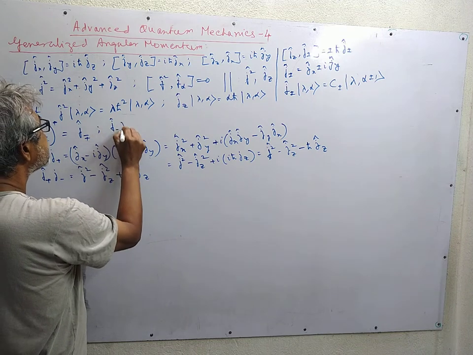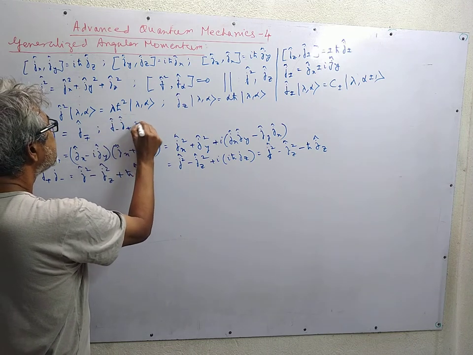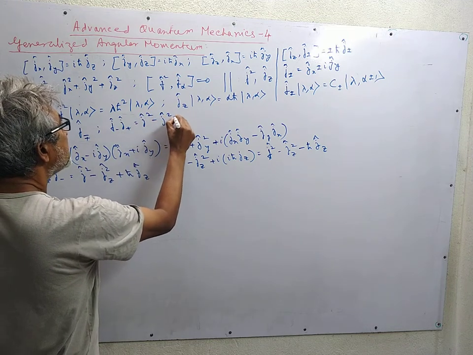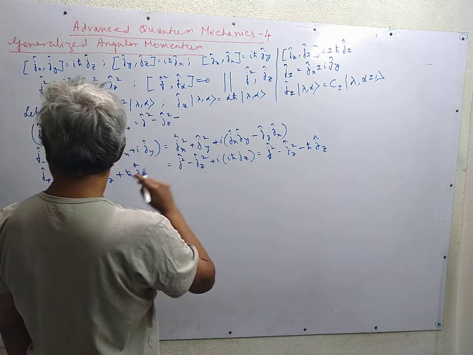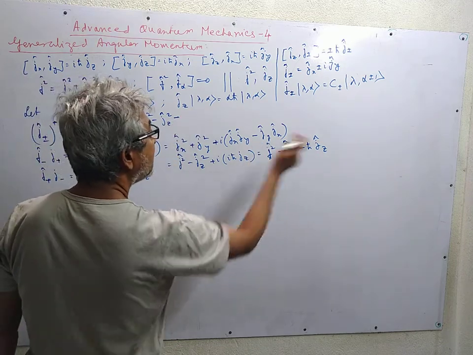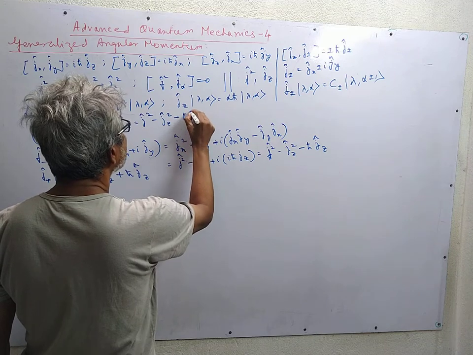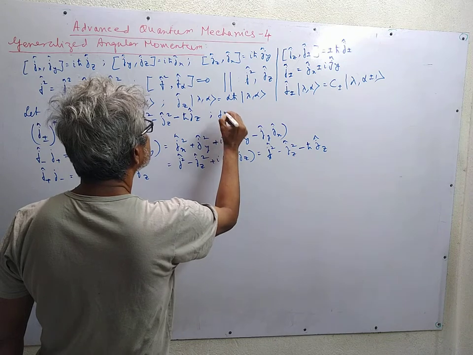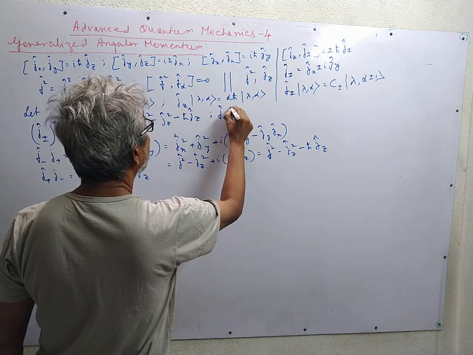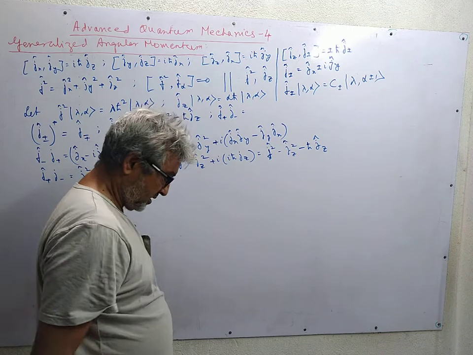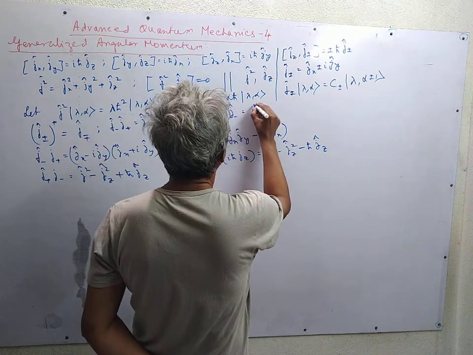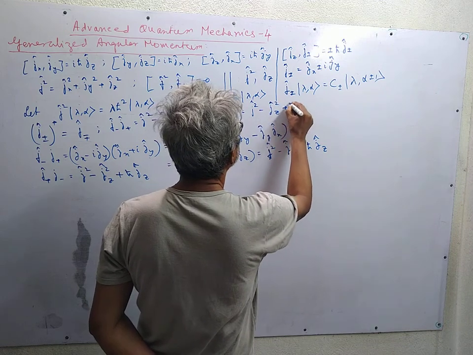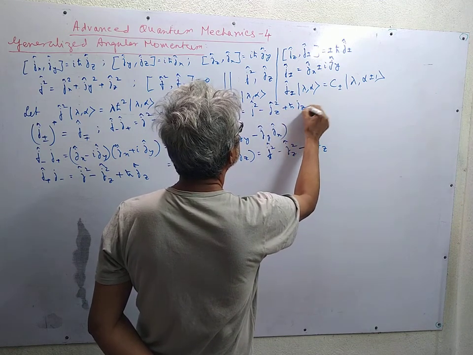J minus J plus is equal to J square minus Jz square minus plus h cross Jz, and J plus J minus is equal to J square minus Jz square plus h cross Jz.